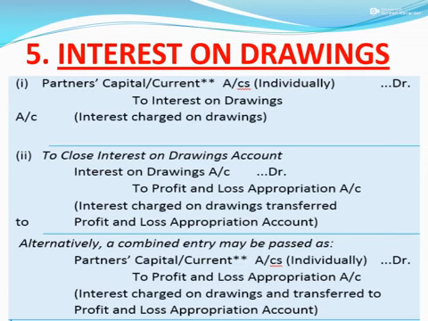Now come to the next, interest on drawings. When the firm charges interest from the partner, it is an income for the firm. Then in the profit and loss appropriation account, we will transfer it to the credit side. So the entry will be partners capital or current account debit to interest on drawings account.